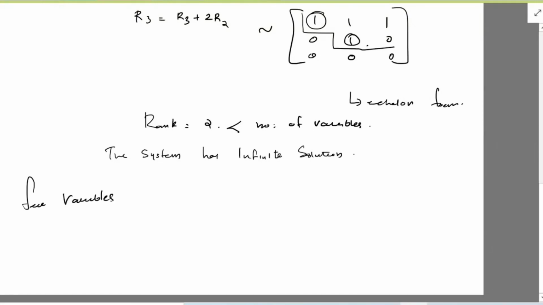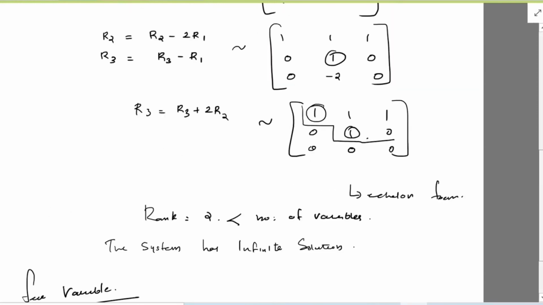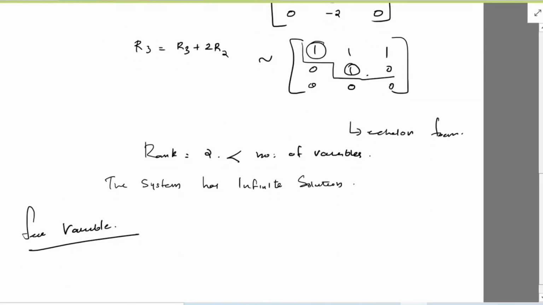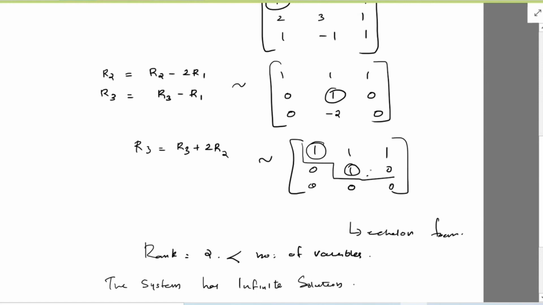So what is a free variable? We know that there are three variables here, x, y, and z. To identify the free variable, look at the column at which there is no leading coefficient in the echelon form. So this is the echelon form, right?